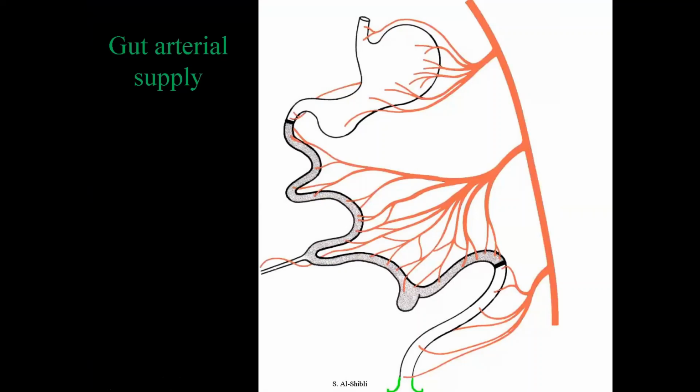As you know, the abdominal GIT is divided into three parts: the foregut, midgut, and hindgut. And you know that the foregut starts from the lower part of the esophagus, including the stomach and half of the duodenum.